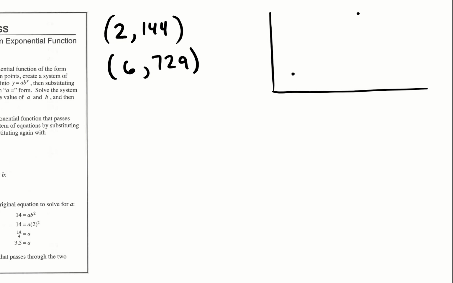Can we come up with the curve in the form y equals ab to the x that would hit both of those points? It just has to hit both of them. y equals ab to the x power. And we talked about this a little bit, and this is kind of where we were at before class was disrupted. So let's see if we can take a look at how to do that.